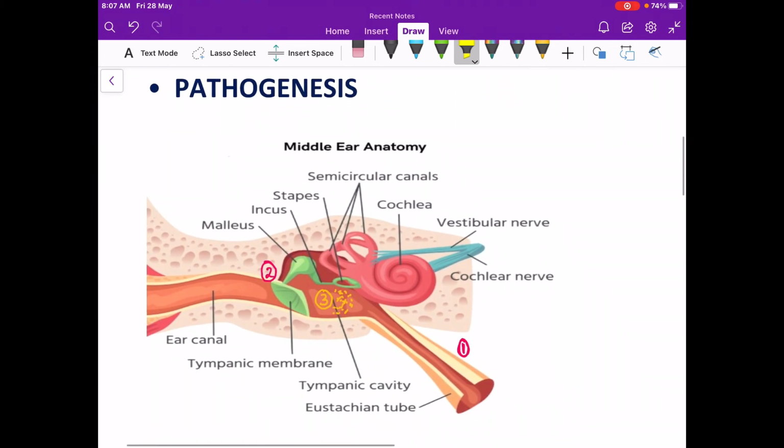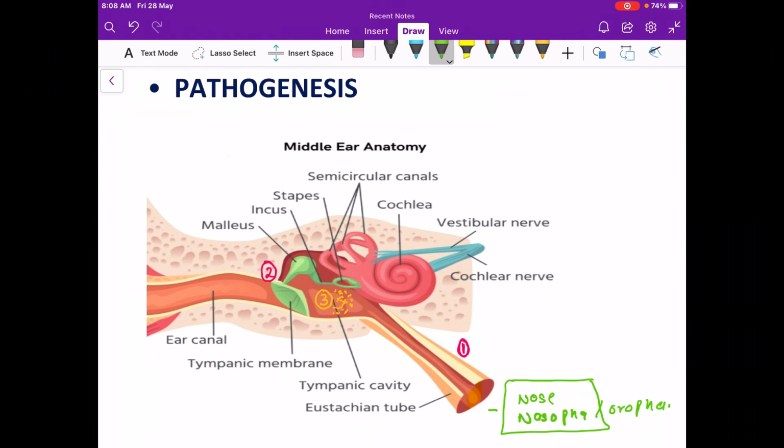As you can see in this diagram, this is the eustachian tube, and here can be the nose, nasopharynx or oropharynx. From this part the infection travels up to the middle ear. This is how it travels to the middle ear.